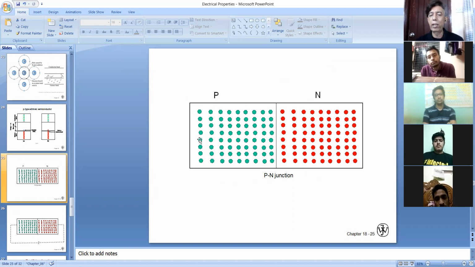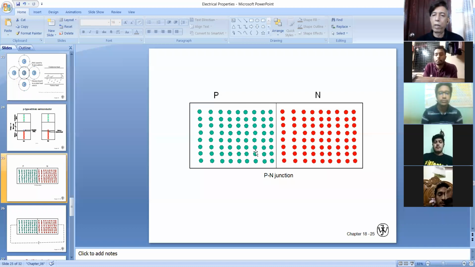In this side, there are some number of holes, and in this side, there are some number of extra electrons. Why? Due to the doping of, say, phosphorus. Phosphorus has +5, so these are extra electrons, and in this side, say there is aluminum. So one electron is less in the aluminum. So you will find the holes here.